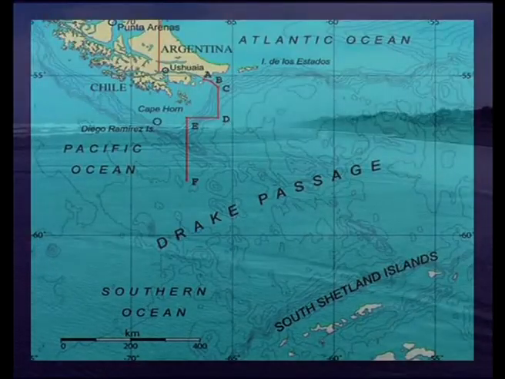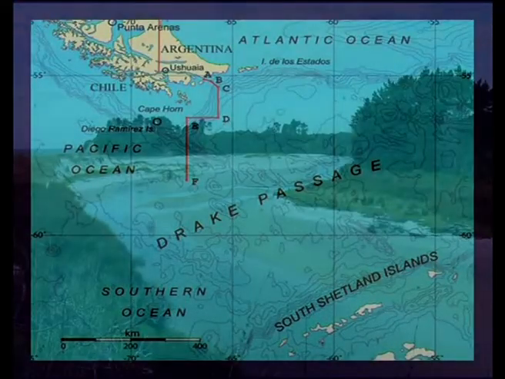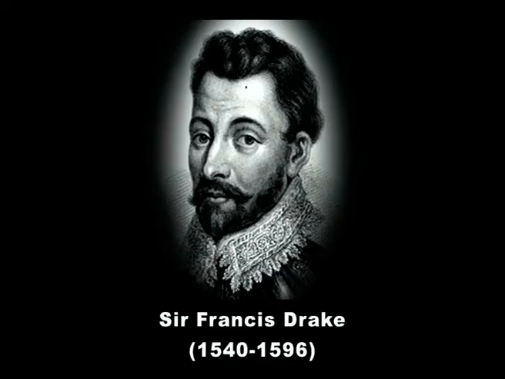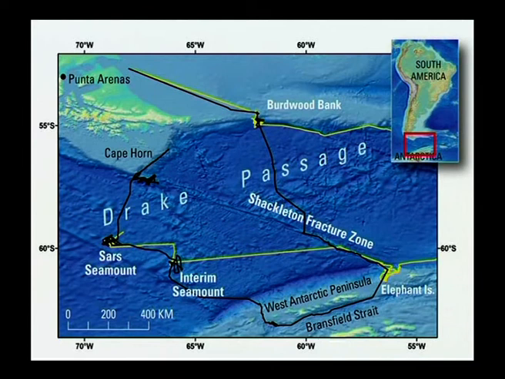It meets its greatest restriction as it passes through the Drake Passage, named for the famed English sea captain and ocean explorer Sir Francis Drake, 1540 to 1596, between the Antarctic Peninsula and the southern islands of South America, which is about 1000 kilometers, approximately 600 miles wide.